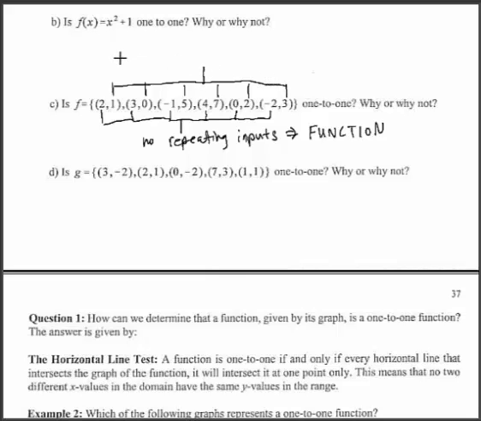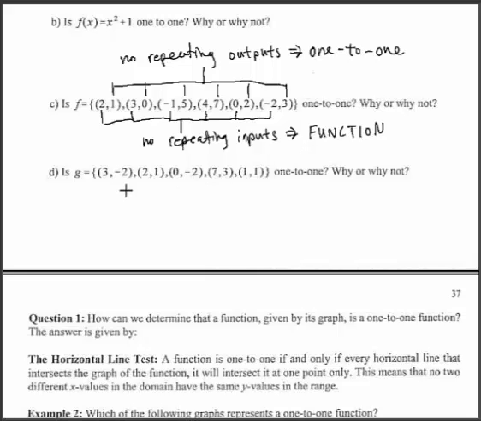So we have no repeating outputs, therefore it is one to one. We stick the two together and say it's a one-to-one function.